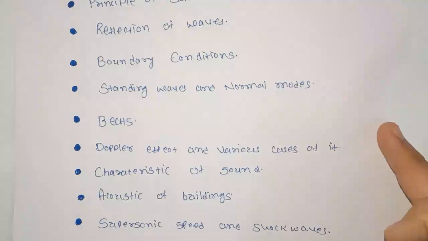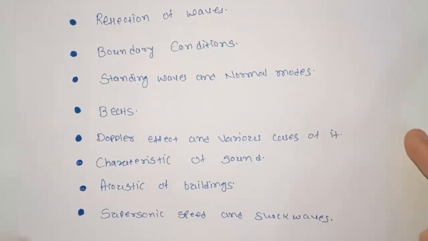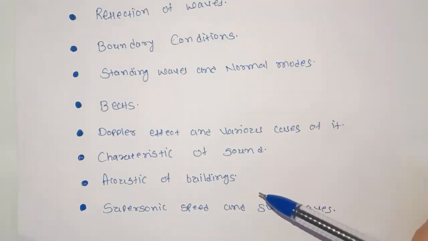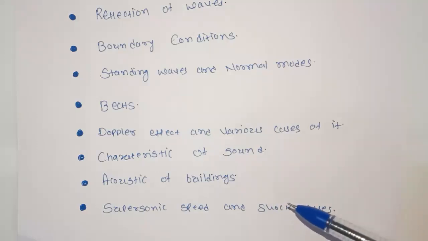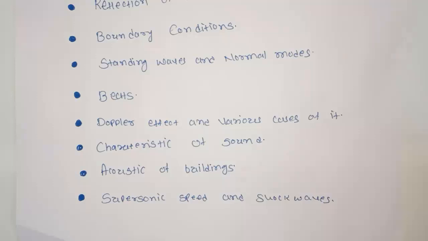Then we'll see some basic characteristics of sound, that are intensity, pitch, etc. Then we'll see acoustics of buildings, how buildings are designed, sound absorbing materials, how the roofs should be designed, etc. And at last we'll see the supersonic speeds and shock waves that are created due to motion of jet planes in air. So let us begin.